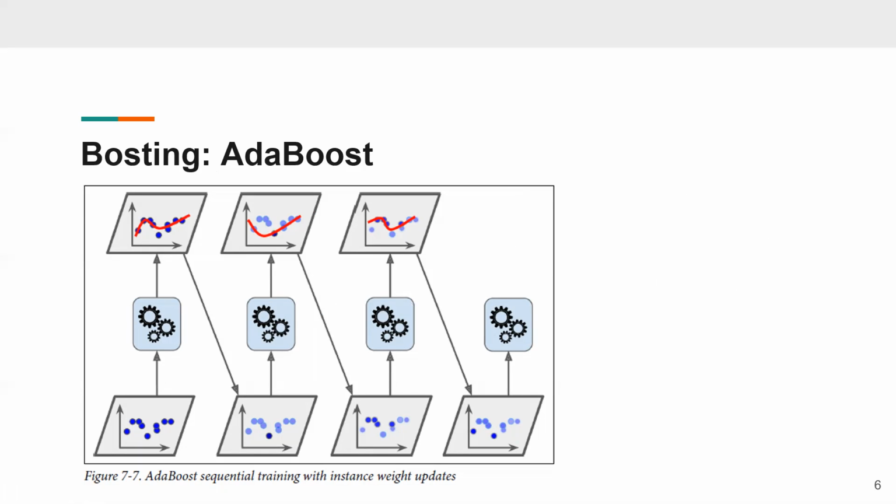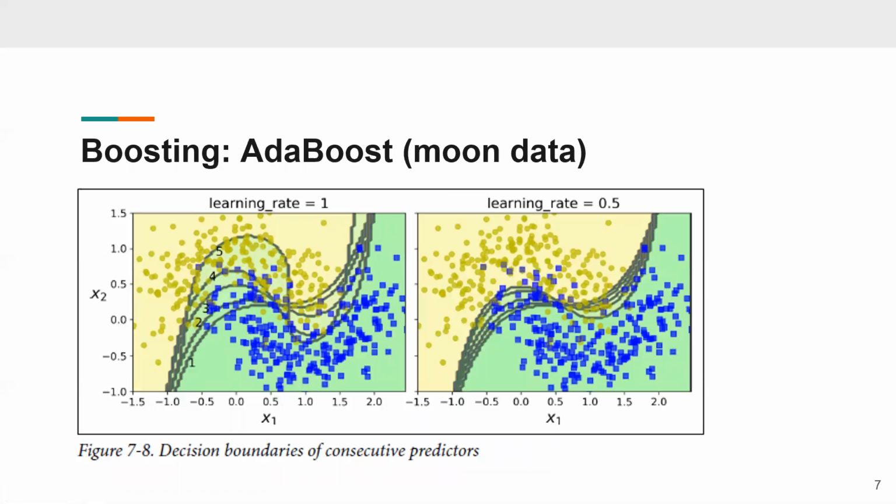That's called AdaBoost. On the moon data, you can see that for different learning rates, we're going to discuss what learning rate is so that you know how these two are different.